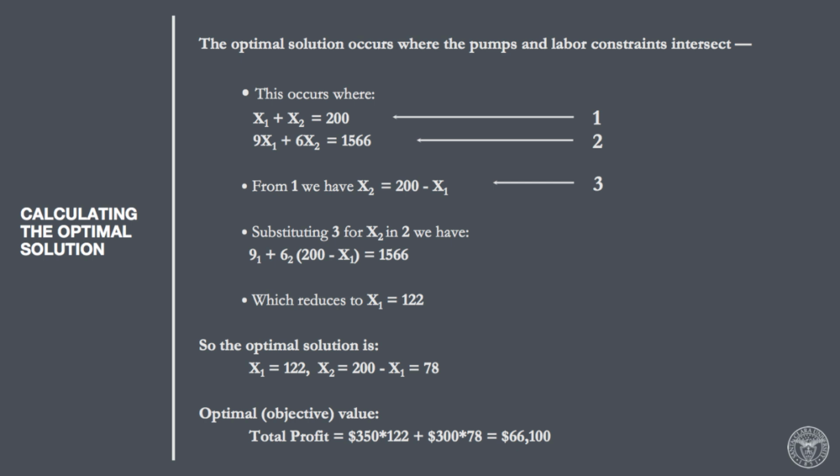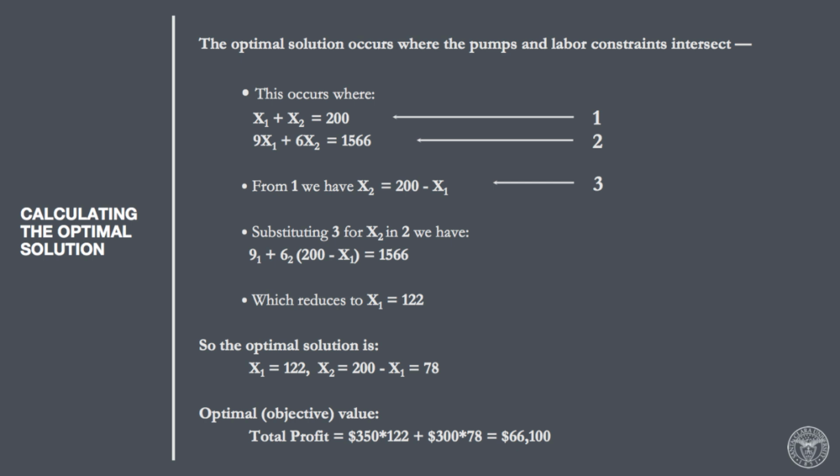So we have 9x1 plus 6 times (200 minus x1) equal to 1566, and we can solve for x1, which equals 122. Now we plug x1 equal to 122 back into equation 1, so x2 equals 200 minus x1, which is 78.